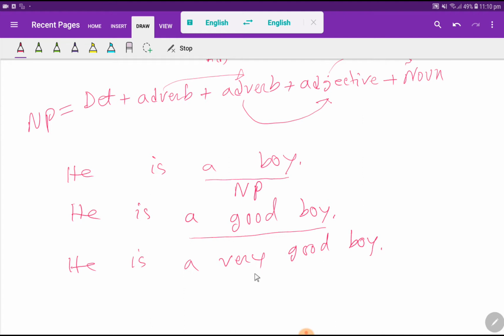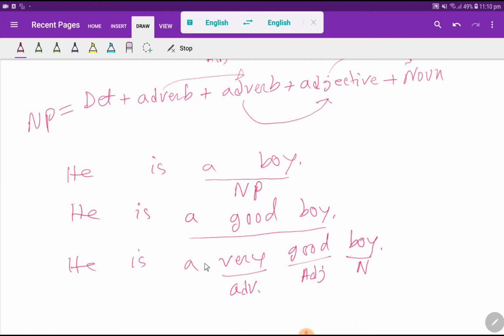Okay, so look, here boy is a noun, the adjective is good and very is an adverb. Adverb, right? So this good is modifying the noun boy and this very is modifying the adjective good, right?